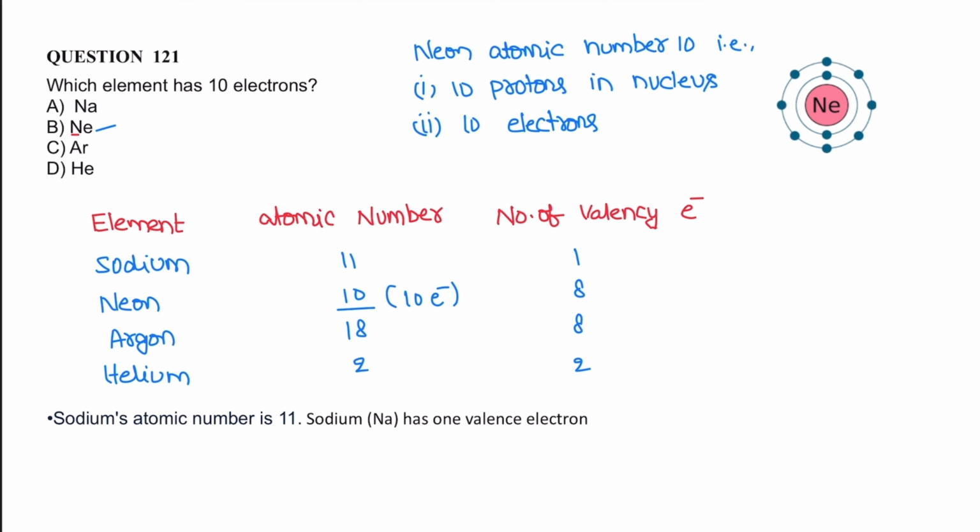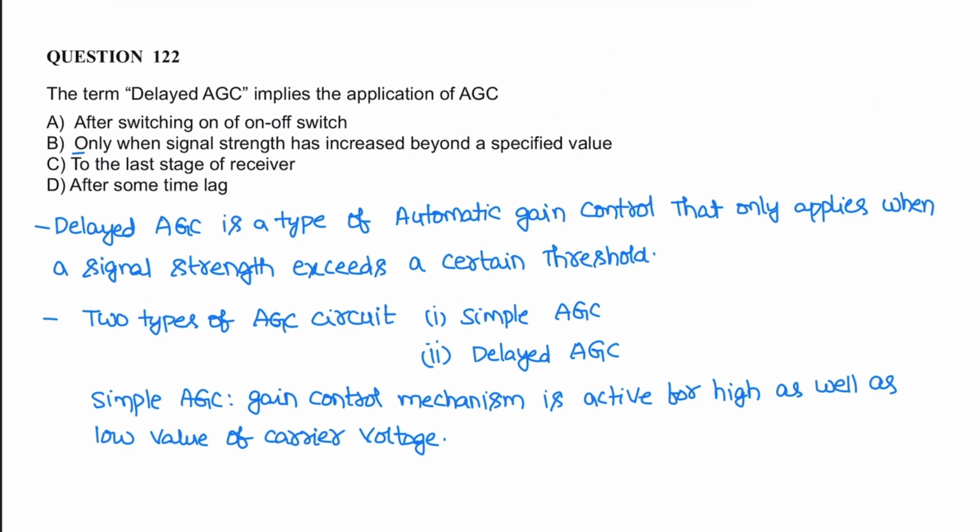Next question. The term delayed AGC implies the application of AGC only when signal strength is increased beyond the specified value. So delayed AGC is a type of automatic gain control that only applies when signal strength exceeds a certain threshold limit.